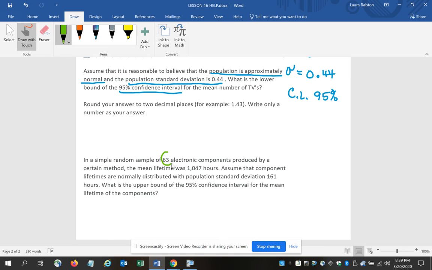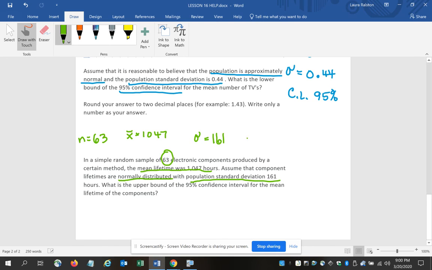It tells me initially that my sample size is 63. It says the mean lifetime was 1,047 hours. So that's X bar, 1,047. See, I'm not given the raw data here. It does tell me that my lifetimes are normally distributed with a population standard deviation of 161.